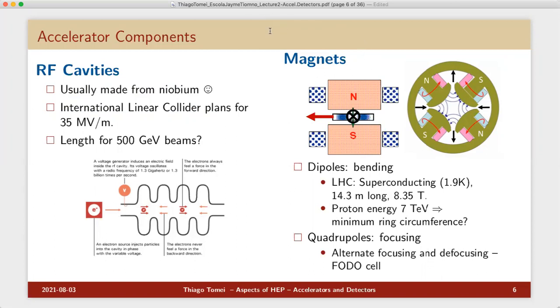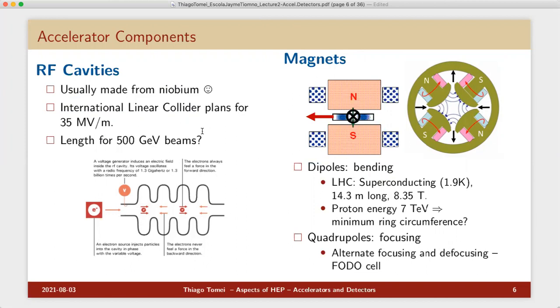Then, on top of that, you also need the magnets, and this is yet another problem. Let's focus on just two kinds of magnets. First, you need dipoles. Why dipoles? Because with dipoles, you can easily bend the particles and make them curve.